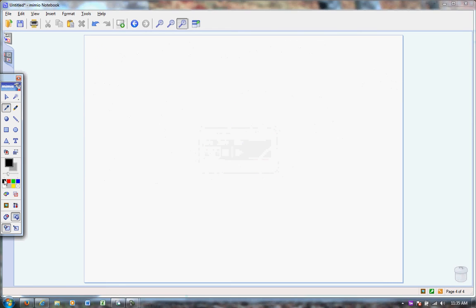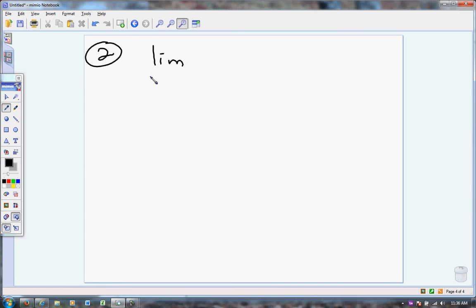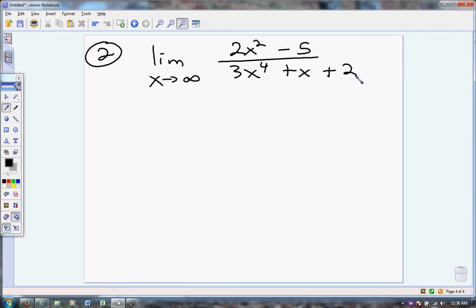Now, what if we had this problem? Another example. The limit as x approaches infinity of 2x squared minus 5 over 3x to the 4th plus x plus 2. This one's a little bit different because when I mark out my insignificant pieces, I'm left with a little bit different algebraic simplification.